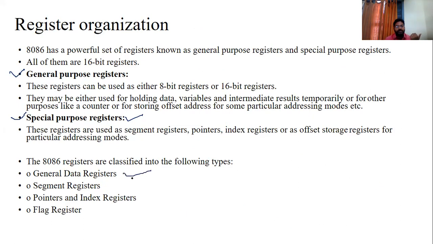At the same time, we can subdivide these into general data registers, segment registers, pointers and index registers, and flag registers. See how many different types of registers there are.